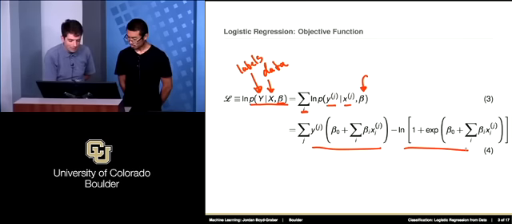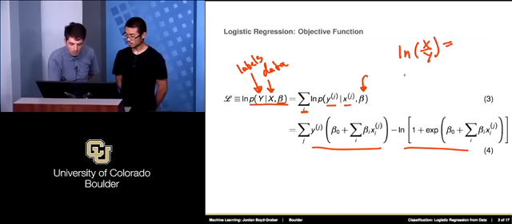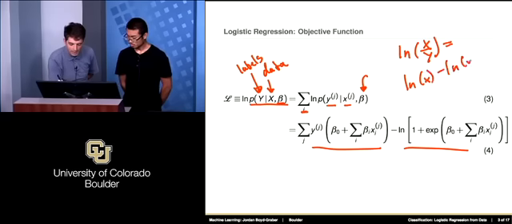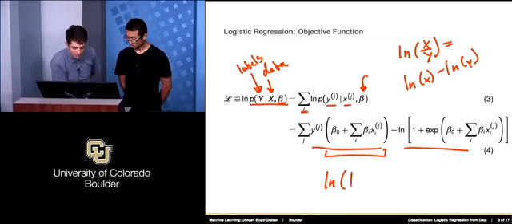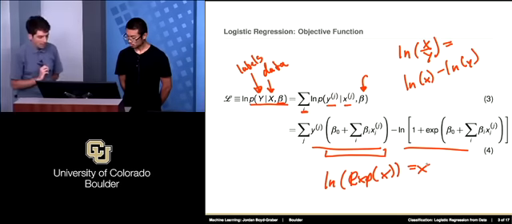And this gets broken apart because log of x over y is equal to log of x minus log of y. And the x is disappearing from here because log of exp of x just equals x. Okay, questions thus far?